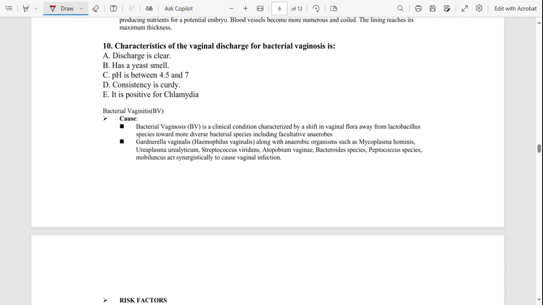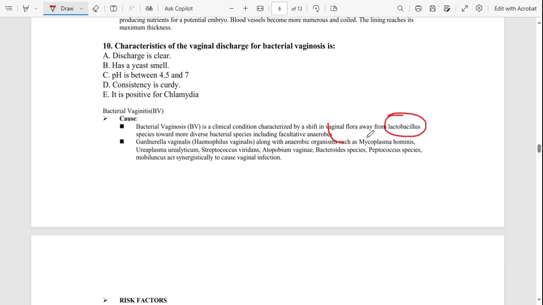Please take note, not aerobes but anaerobes. There's dysbiosis, a shift away from the normal flora, the lactobacillus.